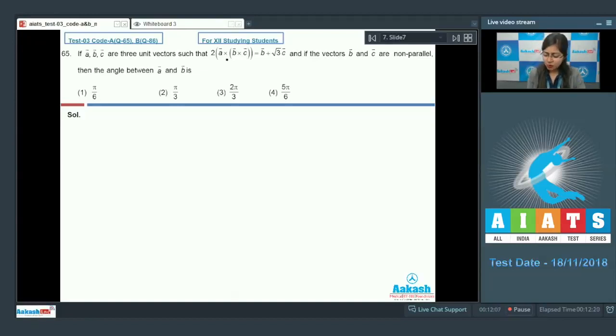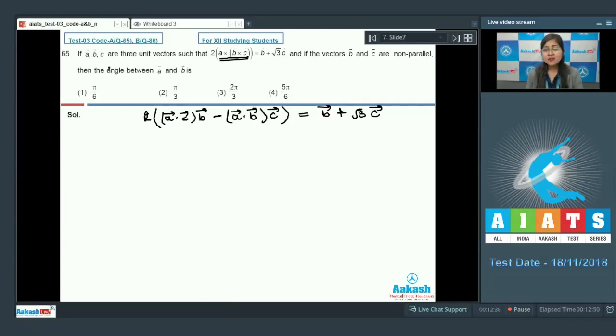Now here we know about the triple cross product, that it can be written as 2 times A dot C into B minus A dot B into C is equal to B vector plus root 3 into C vector.